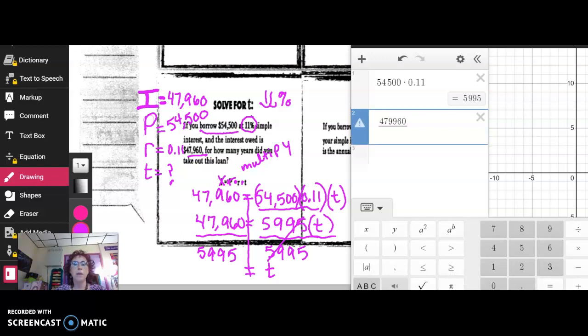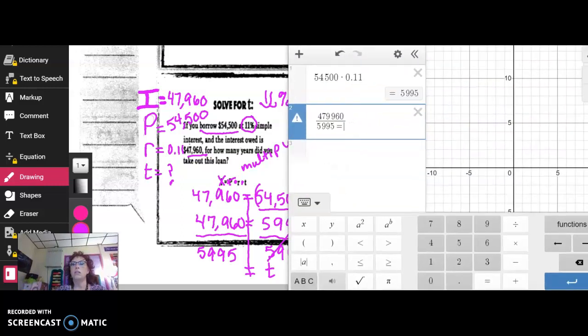That's going to be divided by 5,995, and you don't need an equal sign. 47,960 divided by 5,995 equals 8. Perfect. Perfect number there.